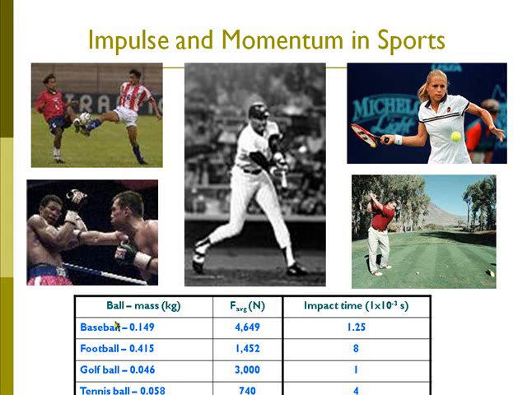And I've listed below a table that has typical values of average force for different sports, as well as typical values of contact time in milliseconds, of course. And I threw in there the masses of the objects, the baseball, the football, etc., so that one could get an idea of the changes in momentum that these objects would undergo as a result of having an impulse delivered to them.